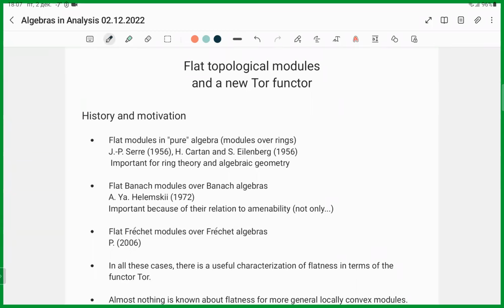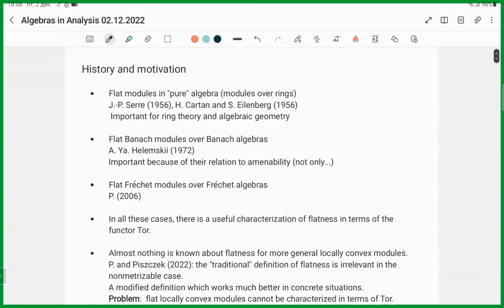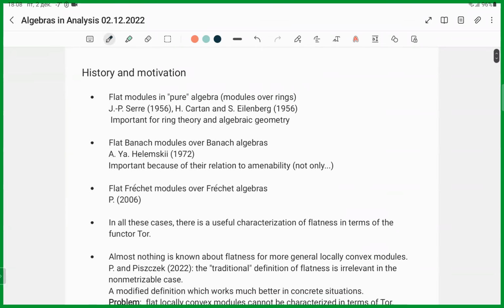Anyway, in all these cases, in the purely algebraic case, in the setting of Banach modules, and in the setting of Fréchet modules, the property of flatness can be characterized in terms of the derived functor Tor. Unfortunately, almost nothing is known about flat modules in the context of more general, that is, non-metrizable locally convex modules.